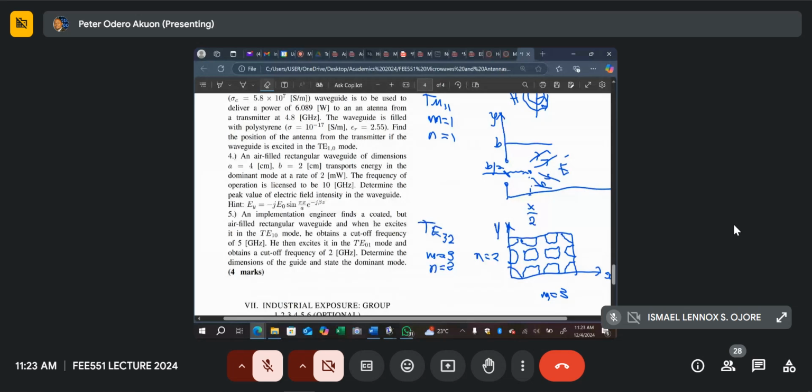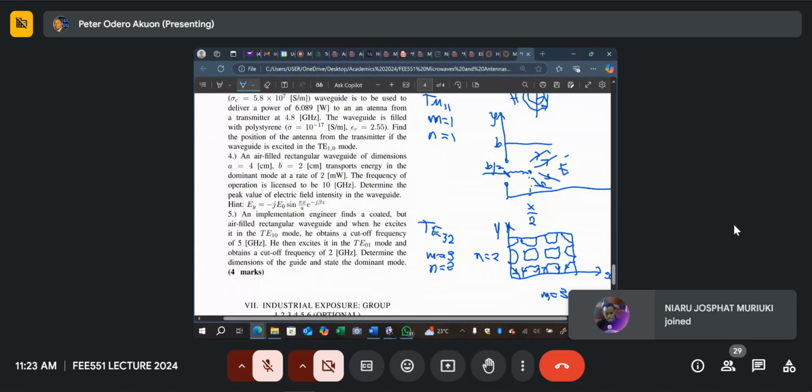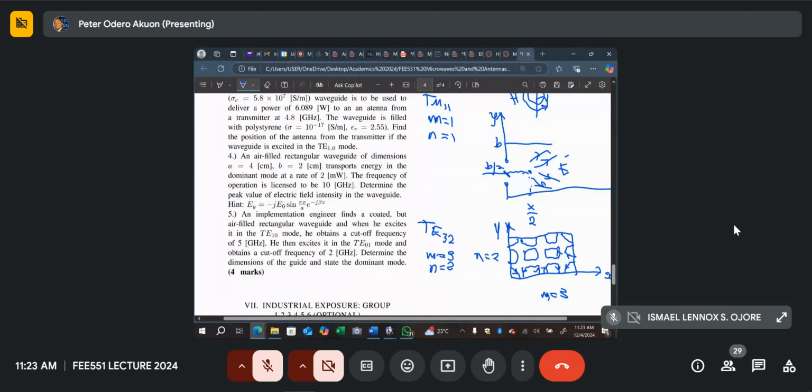So if you decide to say that fields are varying like this, if they're converging here, that means that one is converging there too. So it means they must be leaving here and entering there. If they're entering, it means they're leaving, so it's the same direction. This must be downwards. If that is down, then this is up.